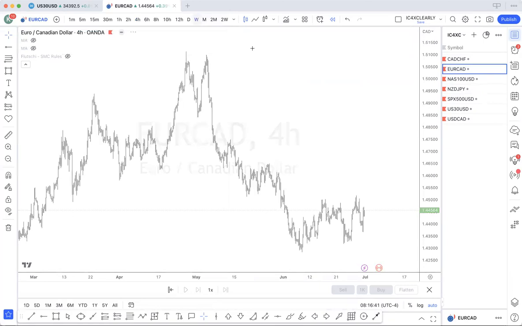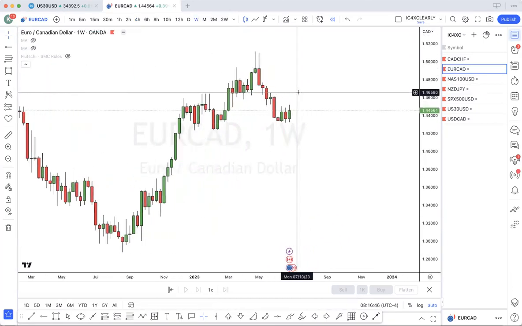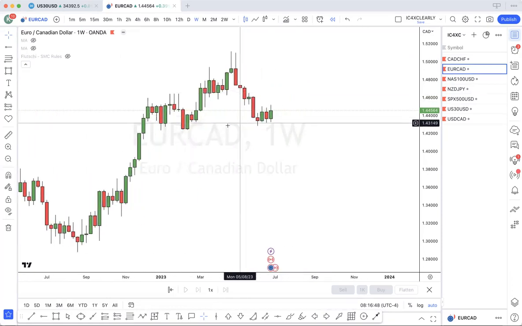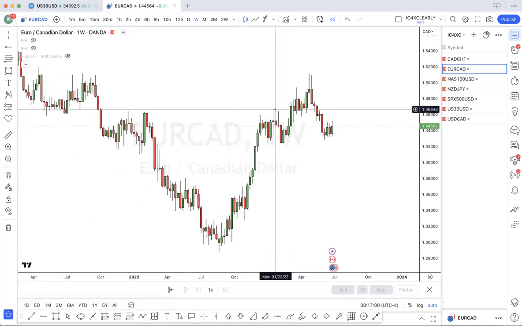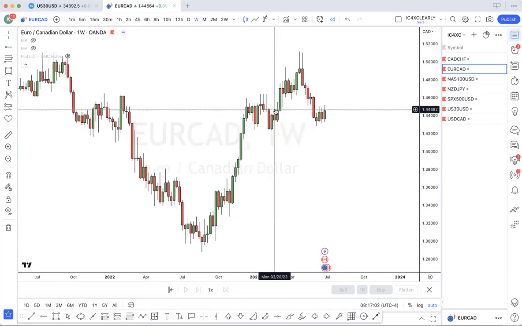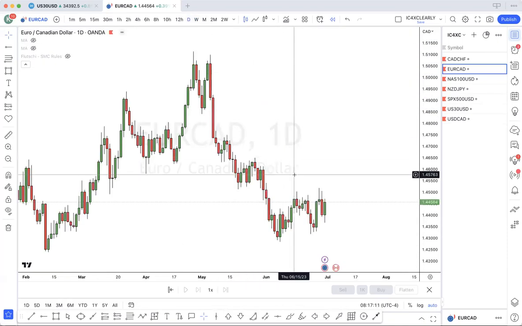Euro CAD for the week is bullish. So there were equal lows here. The price came and grabbed, gave a bullish order block, gave another bullish order block. I would definitely want to see a little more.